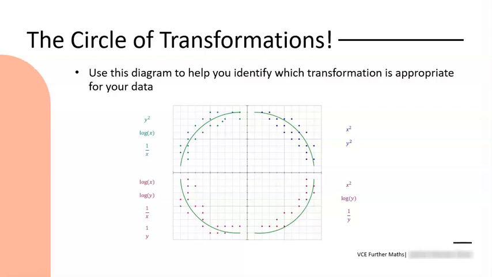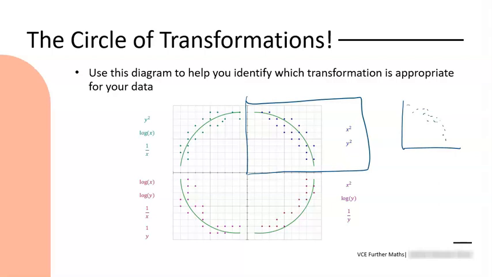So this diagram here is just a different version to the diagram that's in your notes. And you'll note the circle works by taking a particular component. If I take just this section here, the first quadrant, what it means is that if I have a scatter plot that has that general shape, it's curving and it's starting at the top, like that top right-hand quarter of the circle, this diagram is telling me that an x squared or a y squared transformation would be appropriate.